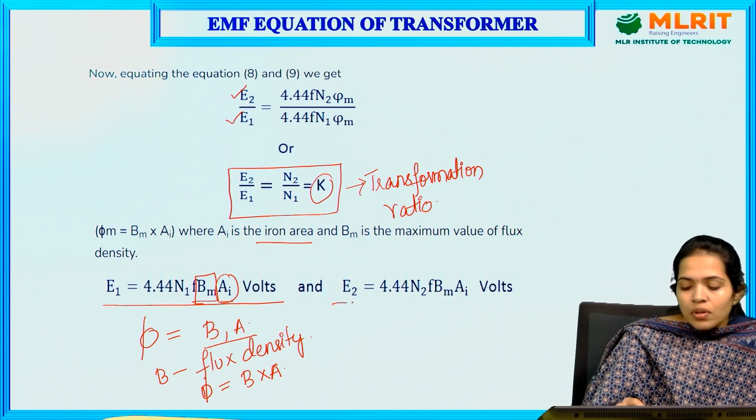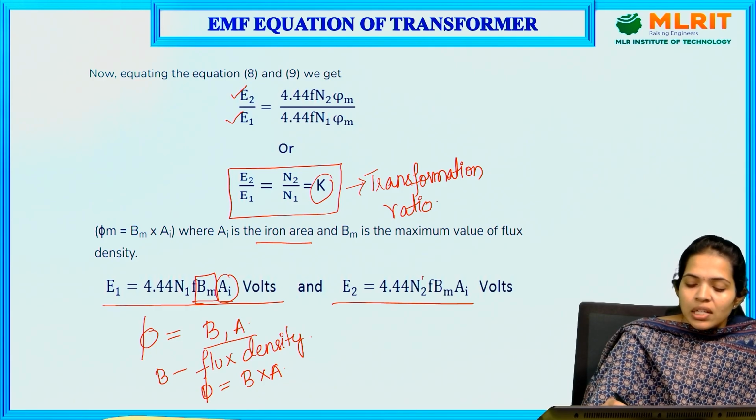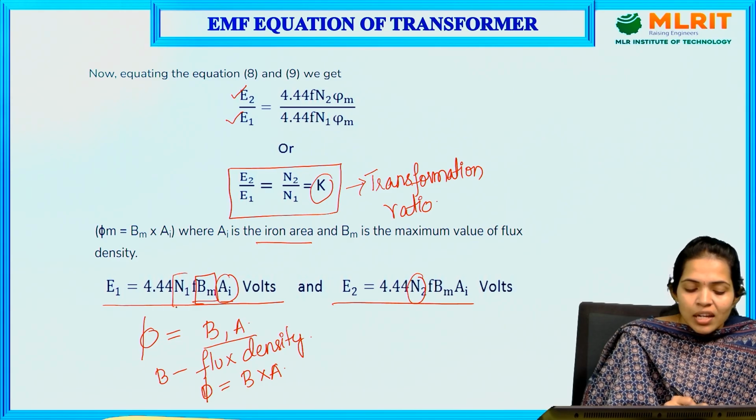For the secondary winding of the transformer, we get similar equations in terms of N2, since the number of turns varies in both the windings.